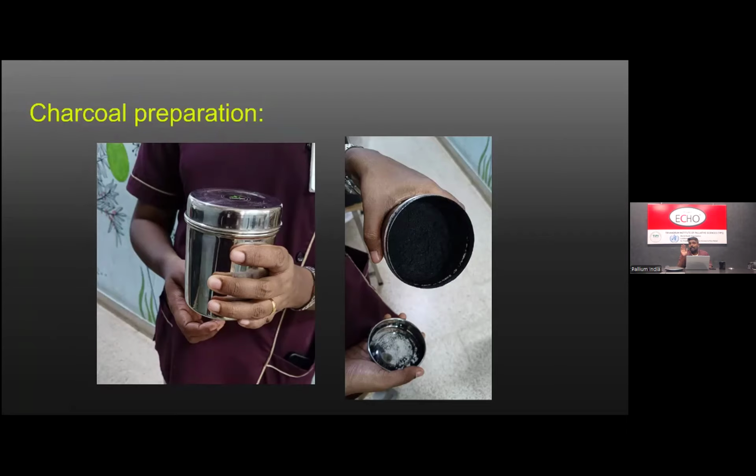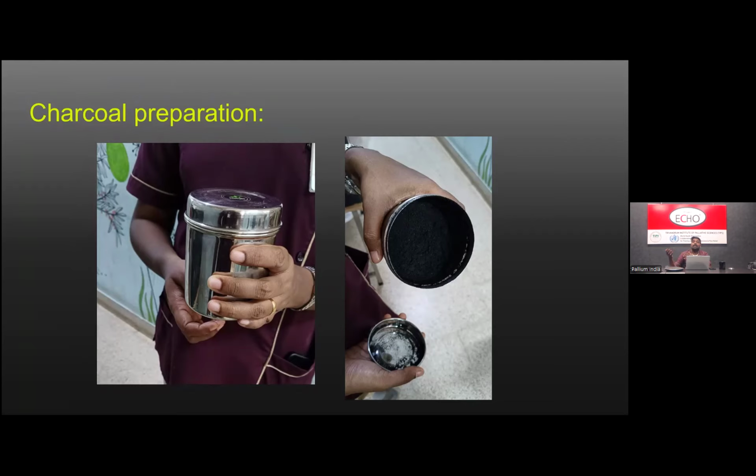We don't apply it directly over the wound. We do the normal wound cleaning and application, everything, and place a normal dressing pad over the wound. Next we mix this charcoal powder in Vaseline or liquid paraffin and apply it over another dressing pad.